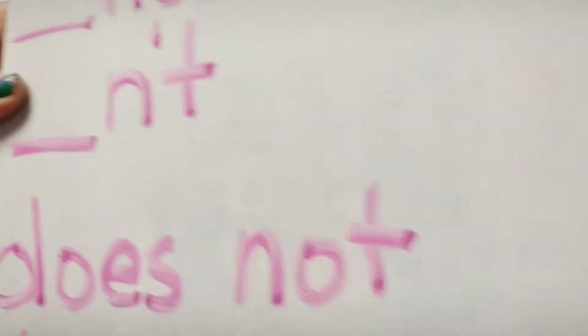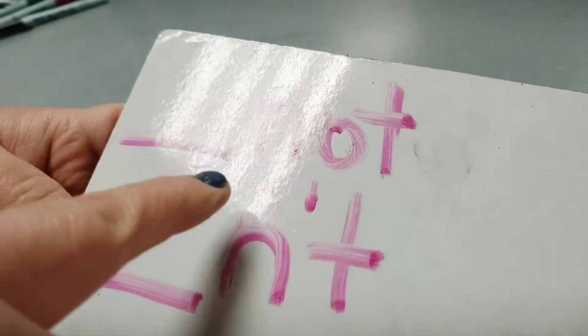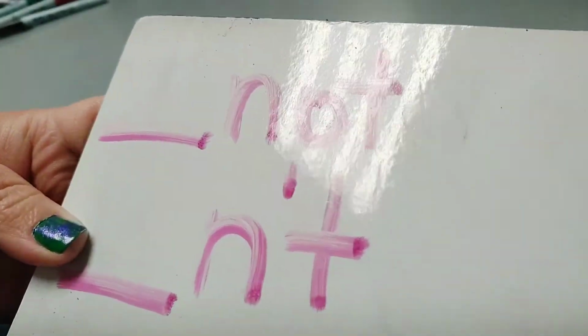And the next contraction was a little tougher because we've taken out the first few letters of the word to make the contraction, but we have not as part of our contraction.